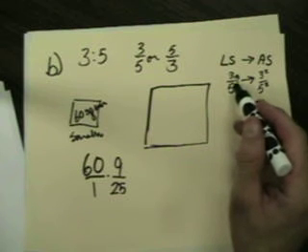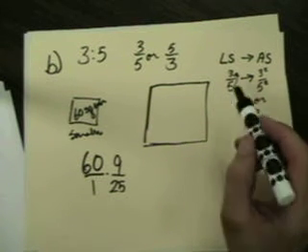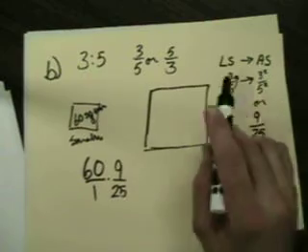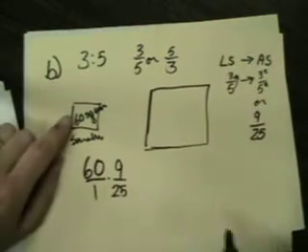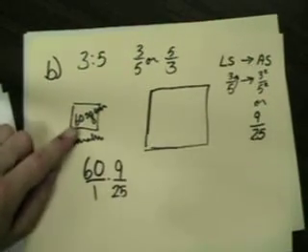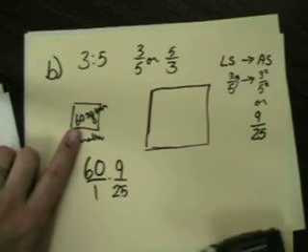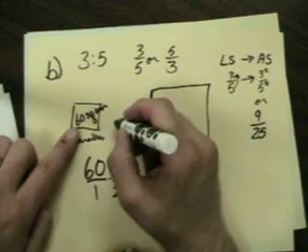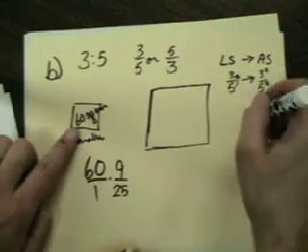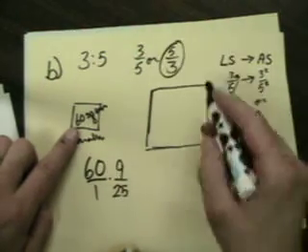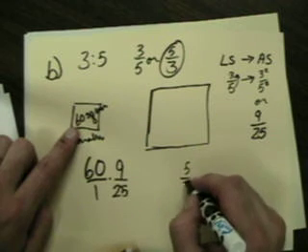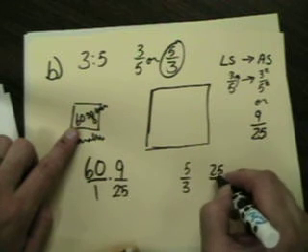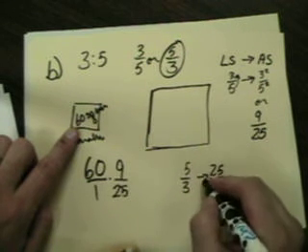Okay, let me see if I can accommodate this. The only thing I have to do is take 60 divided by, or rather, because I'm going smaller to larger, let's use this one real quick. That's going to be 5 over 3, so it's 25 over 9 for the area.